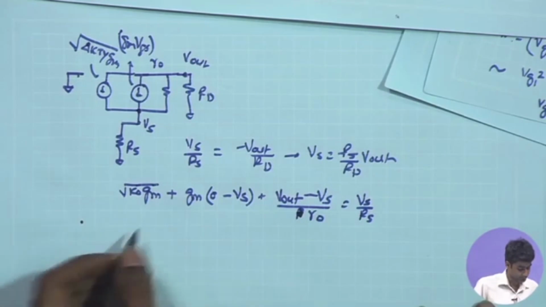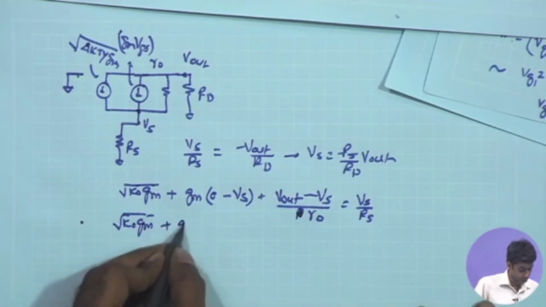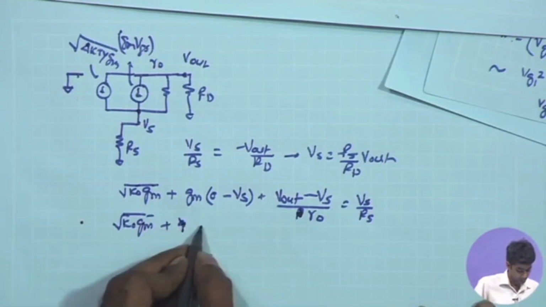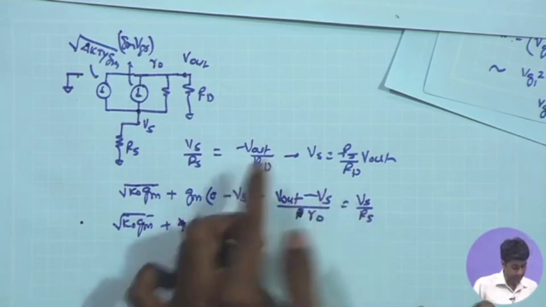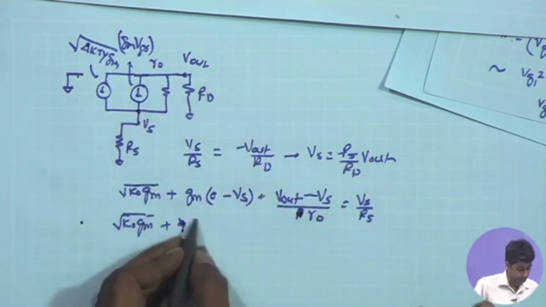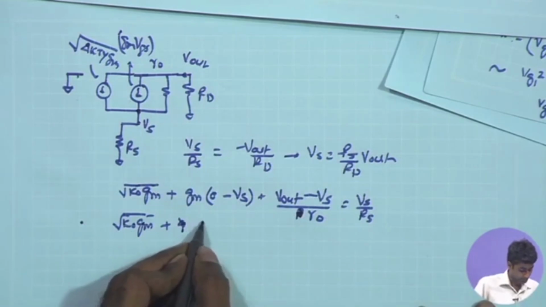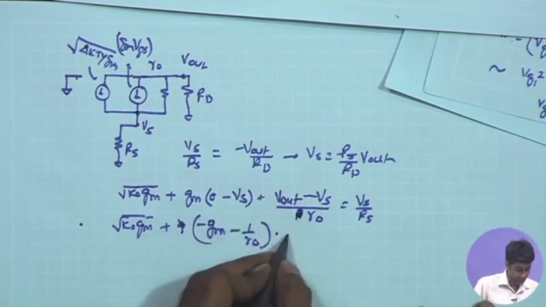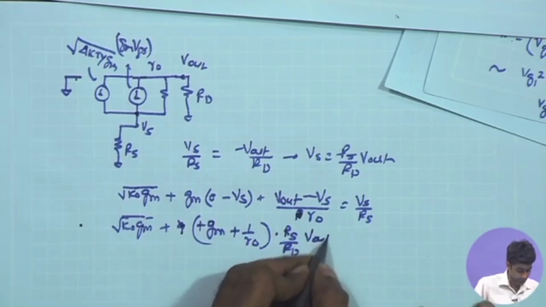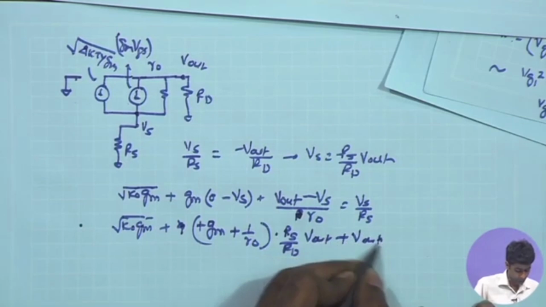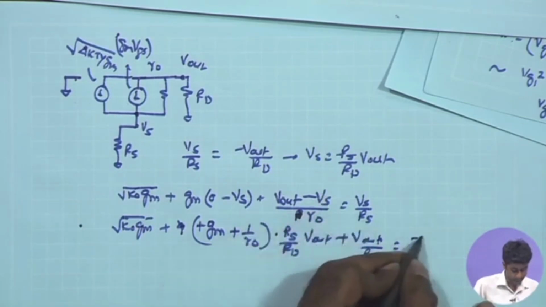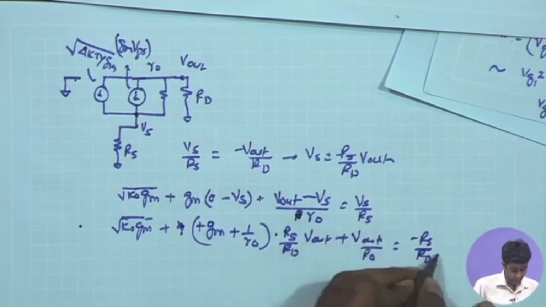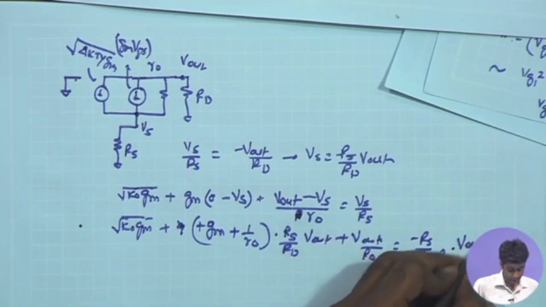This is the expression we have finally, and I can solve for Vs. You have K0 times root GM plus, and I can replace Vs by V out and then solve for it. So you have minus GM minus 1 upon RO times Vs, which gives Rs upon Rd times V out over here, plus V out upon RO, and this is equal to minus again Rs upon Rd upon Rs times V out, and then you can cancel out.